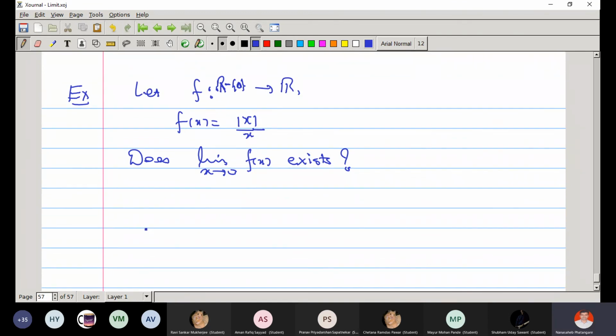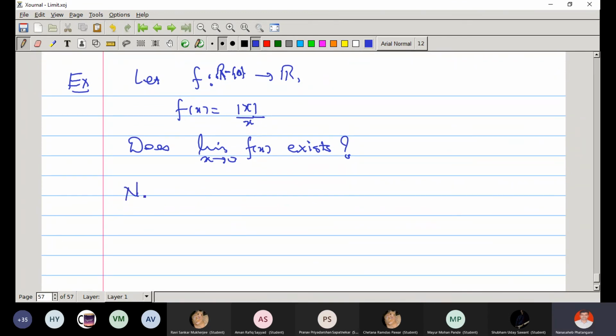So, can you sketch the graph of this function? If x is positive, the absolute value of x is x, therefore it is x upon x, which is 1. And if x is negative, what is the absolute value of x? It is minus x, and therefore it is minus x upon x, so minus 1.